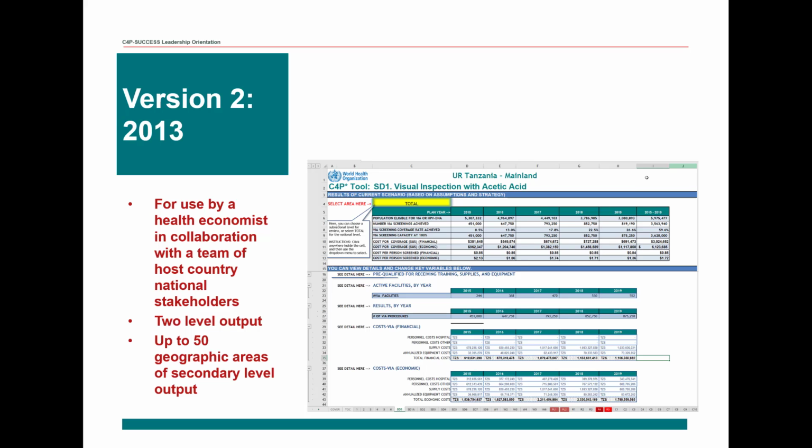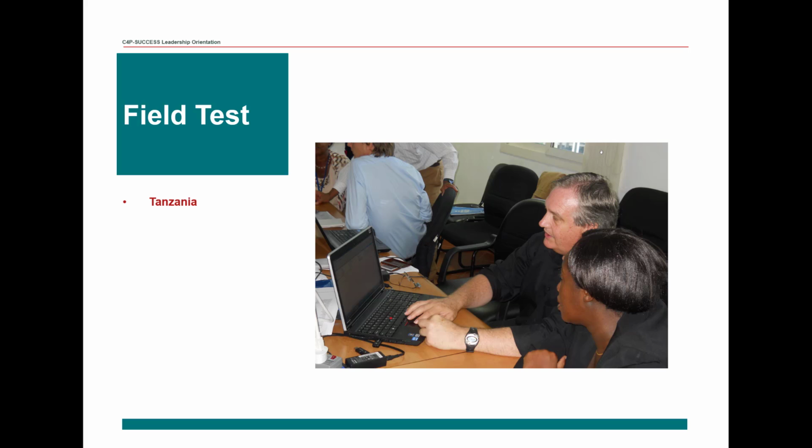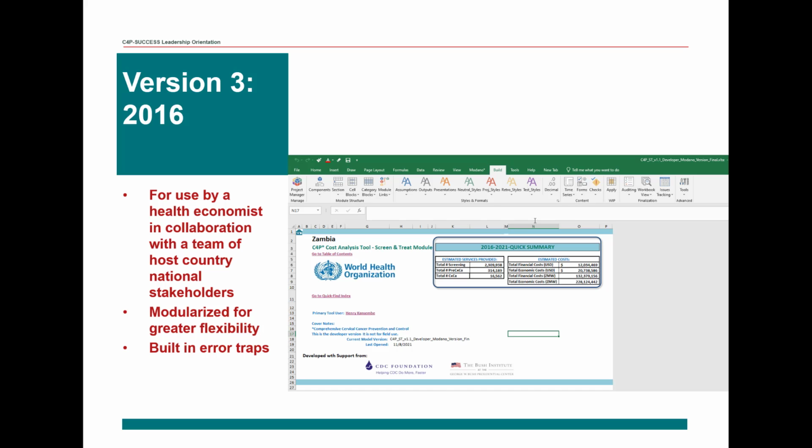Again, we found that it was too much input for the people who were going to be using it. The other thing we found in our field test was that we developers were making mistakes with such a complex and complicated tool, and we needed a way to have external validation and auditing of our formulas.